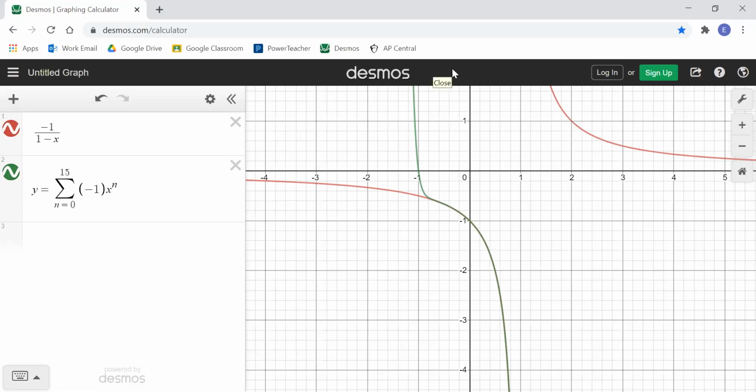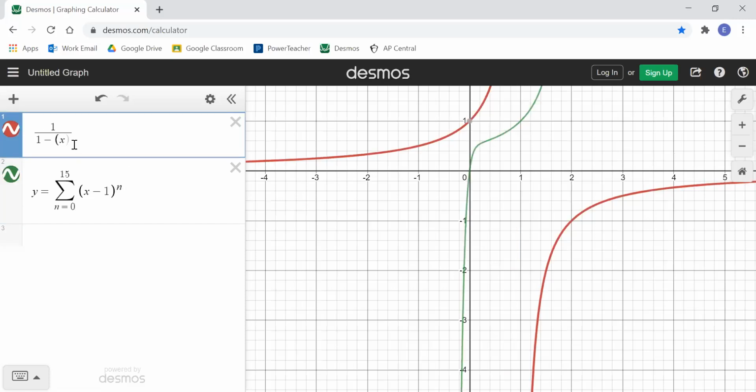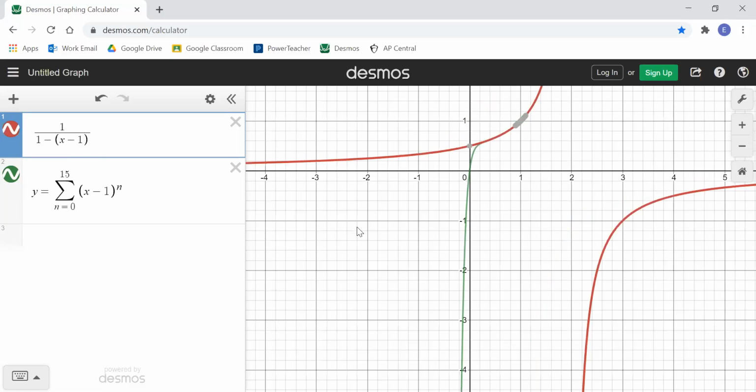Okay, and so we were also saying that we could have thrown in and made this x -1 here. So let's do that real quickly. (x -1) to the n. Well, then I would have to turn this into an x -1.